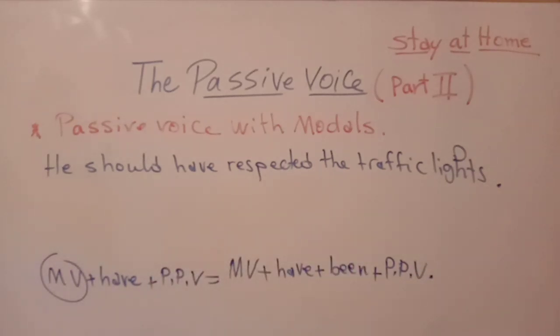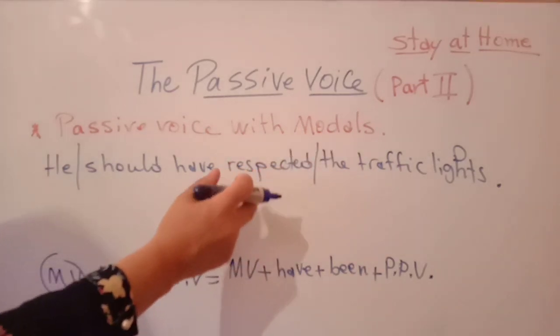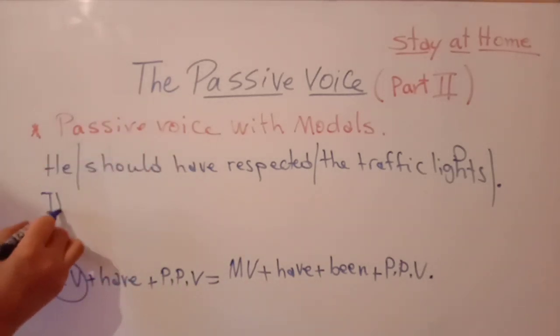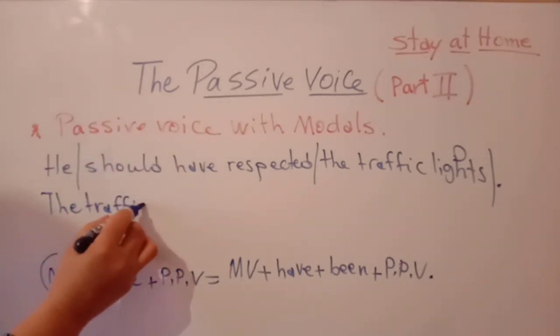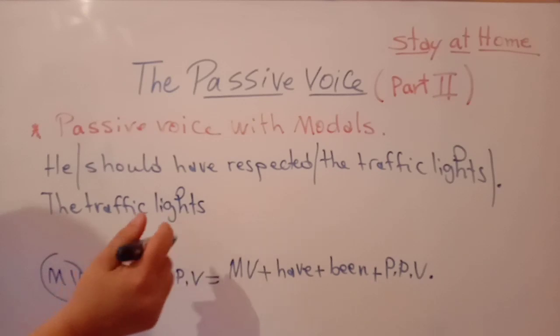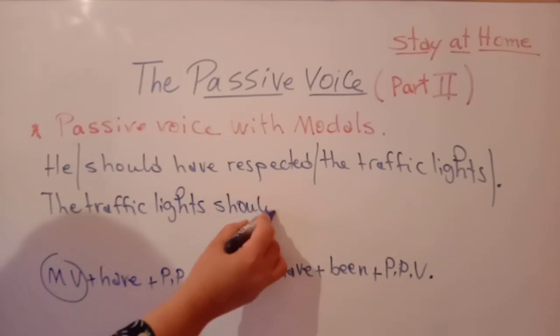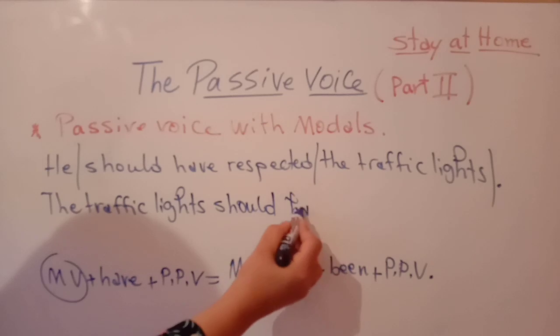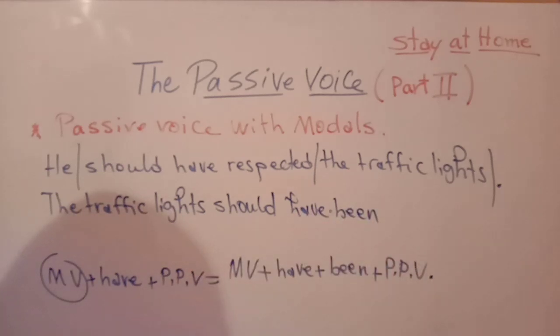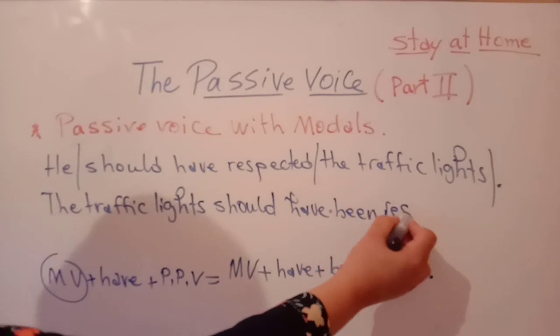So let's apply the form. Okay, let's first identify the parts of the sentence. You have he is subject, respected is the verb, traffic lights, it's the object. Okay, so the traffic lights becomes subject, plus modal, no change, should, plus have, plus been, plus past participle of the verb respect, which is respected.